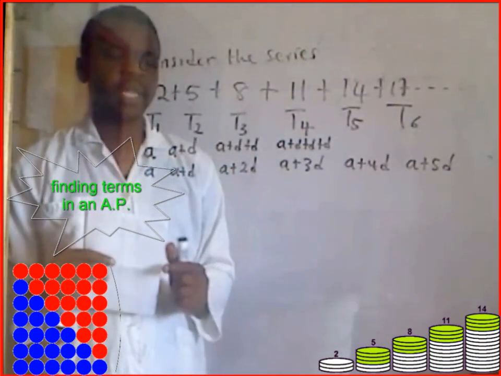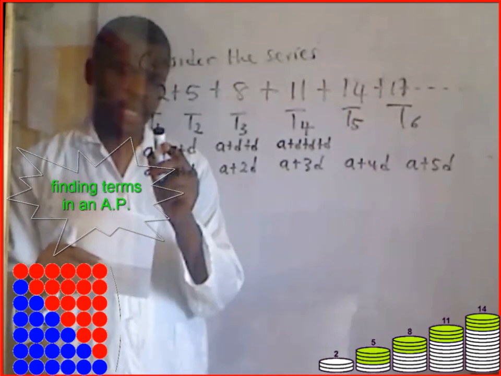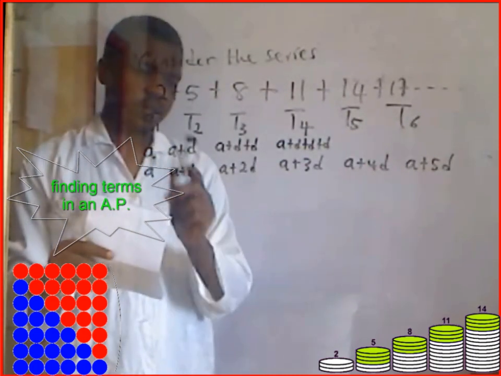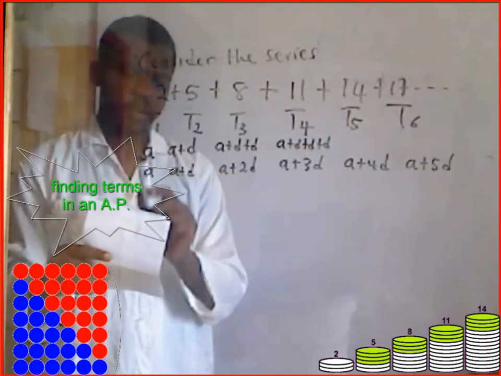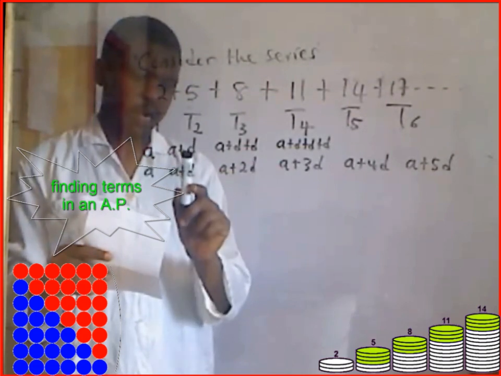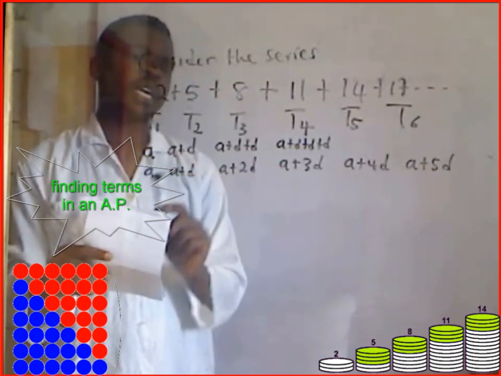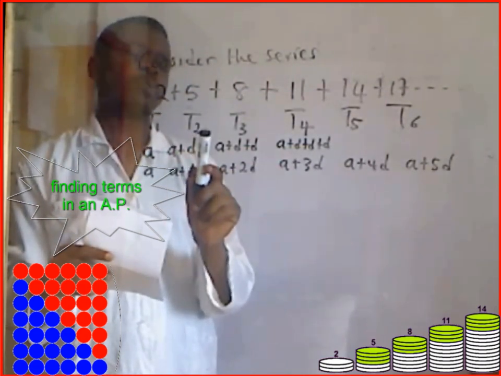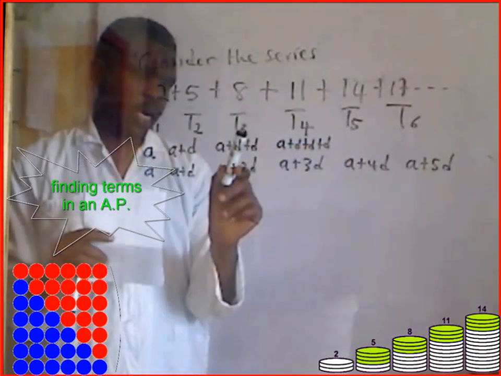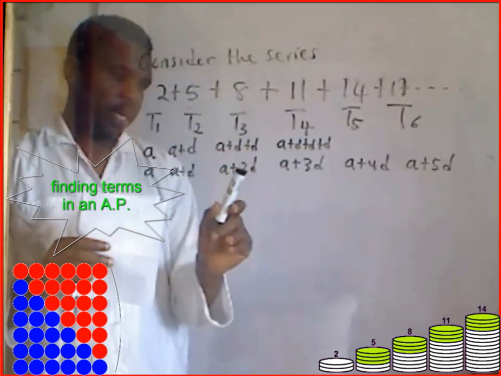Let's now look at the relationship between the term and the number of D's. So I have here T1, which is just A. T2 is A plus D, A plus 1D. So the number of D's is less than the term number by 1. So we say n minus 1. Here this is T3, but here I have 2D.